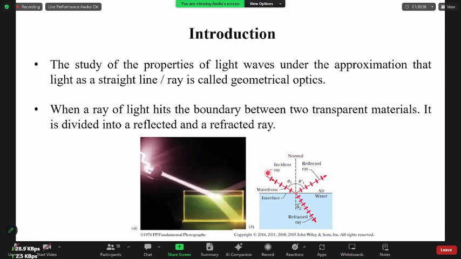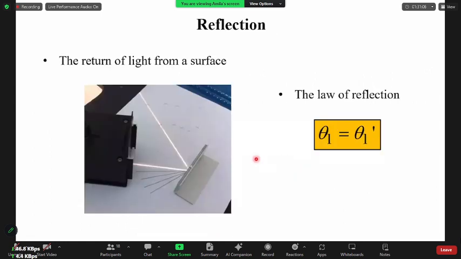This one we call the incident ray. This one we call the refracted ray. We'll discuss the angles later.